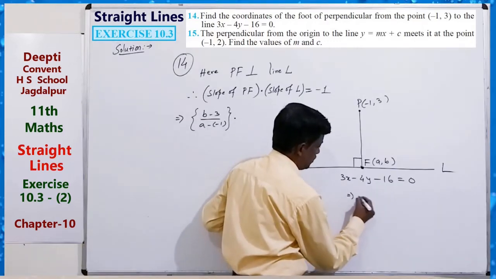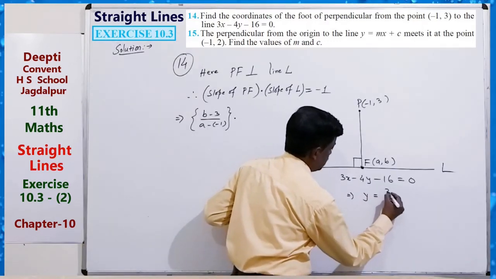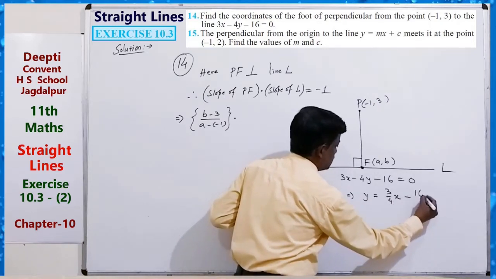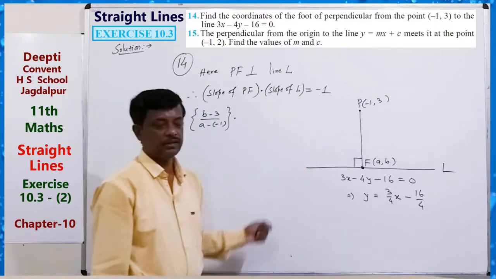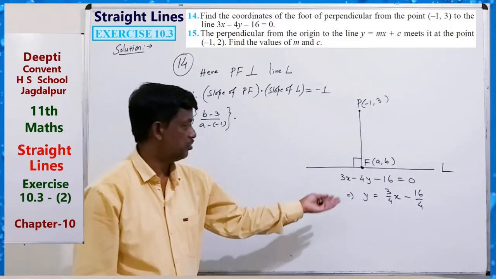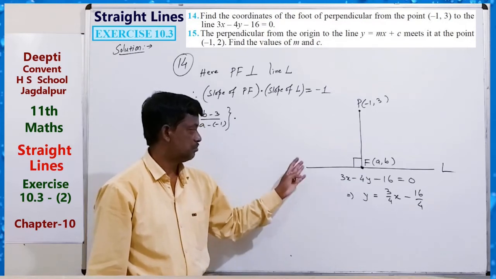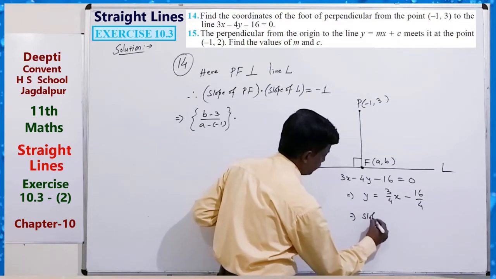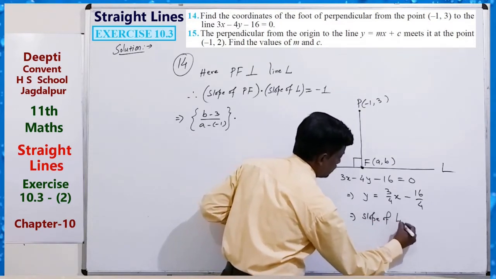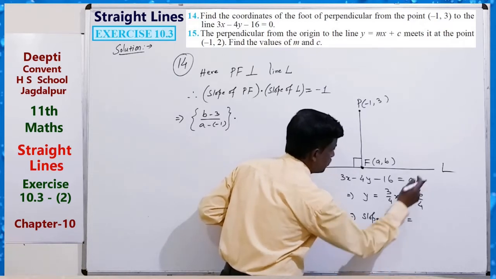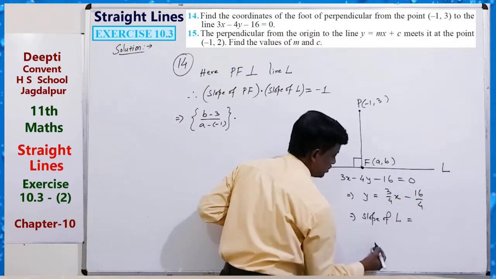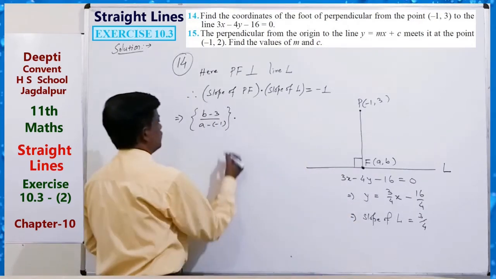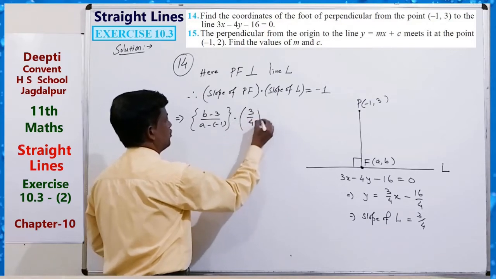Here we can write y equals to 3 by 4 x minus 16 by 4. Okay, I transfer 4y to the right hand side and divide by 4, y equals to 3 by 4 x minus 16 by 4, implies the slope of line L is equal to 3 by 4. So b minus 3 upon a plus 1 into 3 by 4 equals to minus 1.